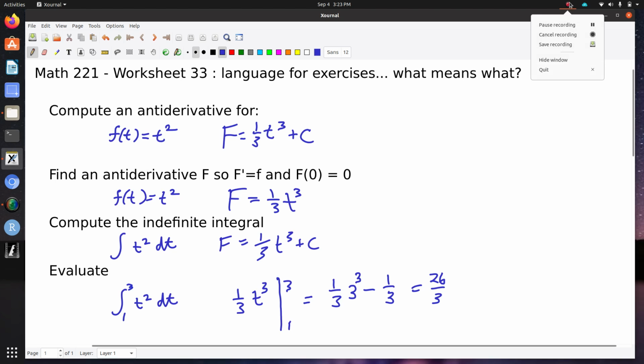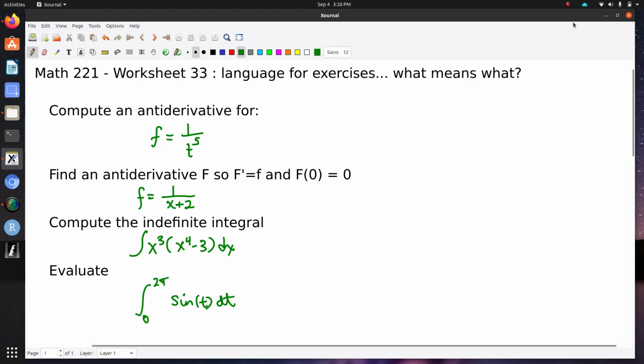Let's do a few examples. Okay, here's some good ones. Let's say I want an antiderivative for 1/t to the 5th, which is t to the minus 5th. We're looking for a capital F such that when I take the derivative, when I subtract 1, I get a -5. So this must actually already be a -4, right?